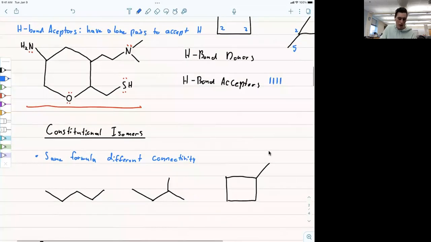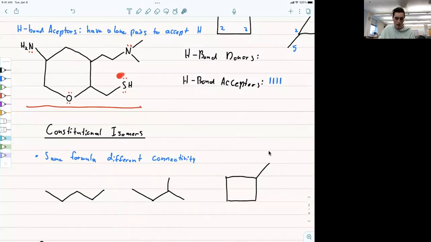As far as donors go, now we're looking for molecules that have hydrogens available to donate. If I go back to this oxygen, I'm just attached to a carbon over here and a carbon over here. There's no hydrogen available to donate. And I'm talking about just the hydrogens on an atom itself, so ones that could be on the carbons here and here don't count.